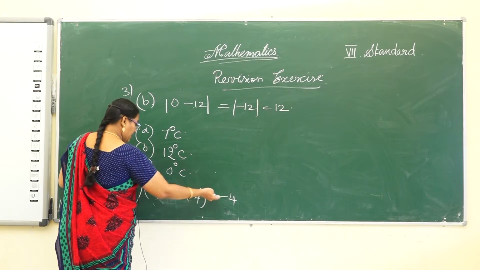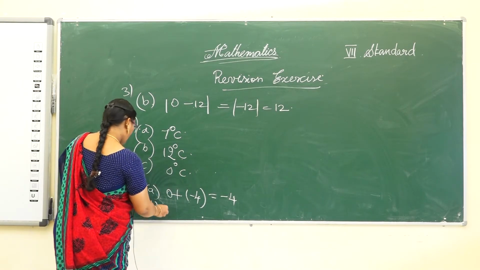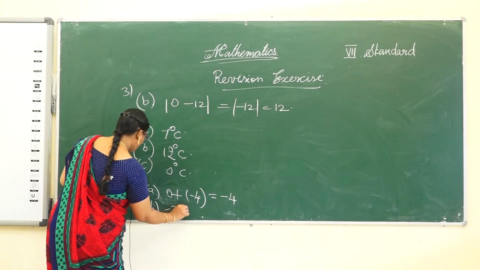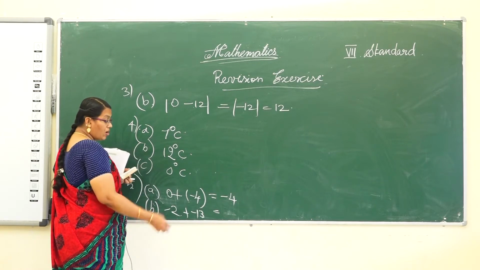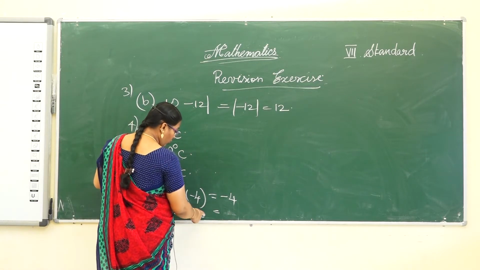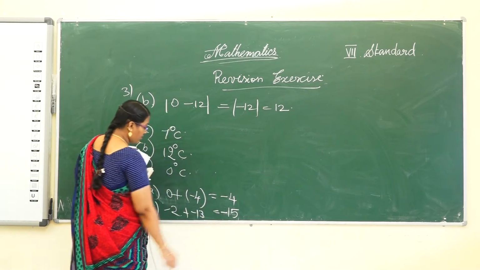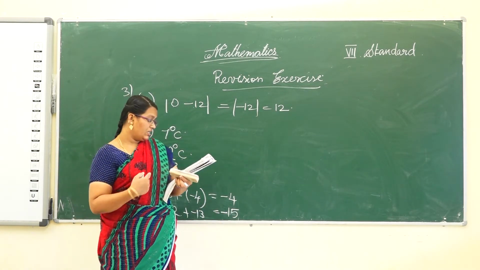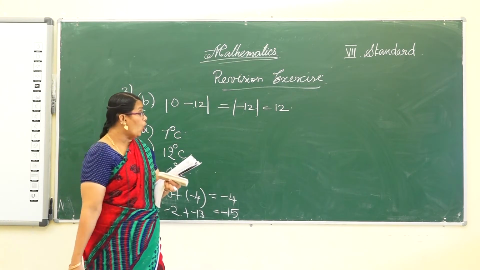So we get the same number, minus 4. And B, minus 2 plus minus 13. Here both signs are the same, so add and put the same sign. Add 2 plus 13 is 15. The same sign, minus. Okay. I hope you understand the addition of integers. The remaining two problems are homework.